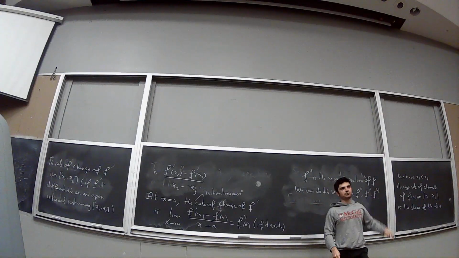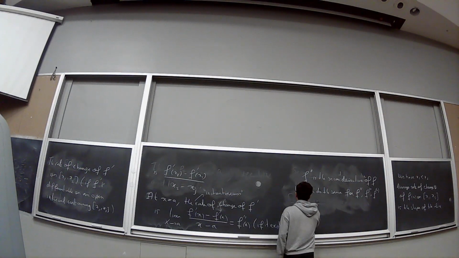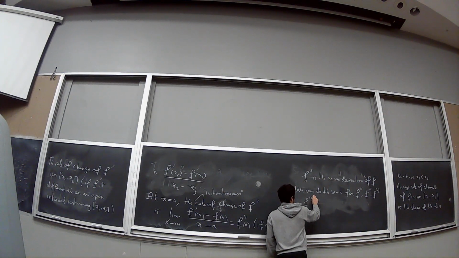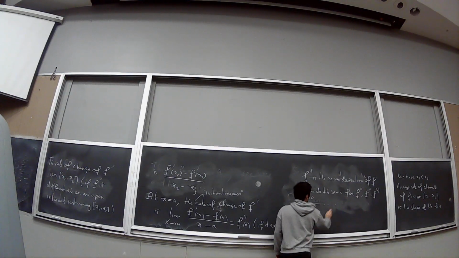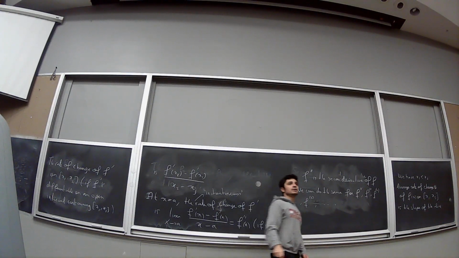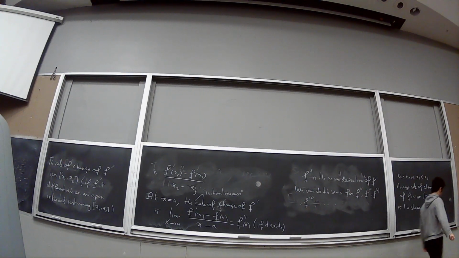Instead of writing 7 primes, for example, we just write f^(7). Okay? Are we good here? Is that clear? Great, awesome.